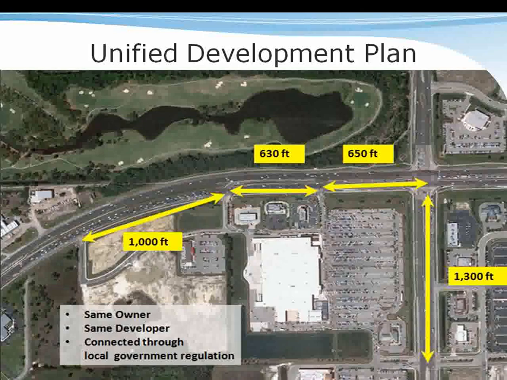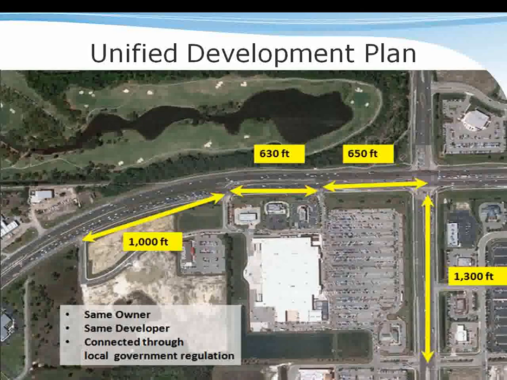So how can we get really good access management? Really, one of the only ways we can assure meeting our standards, or maybe even doing better than our standards, is by having a unified development plan. You have an example right here where you can see the spacing that exists is much greater than the ones from the pictures we saw before.